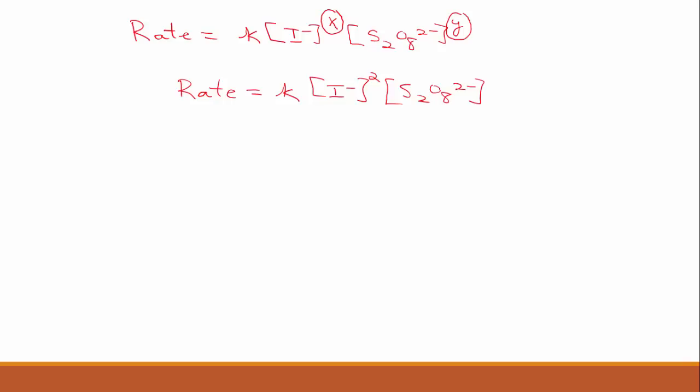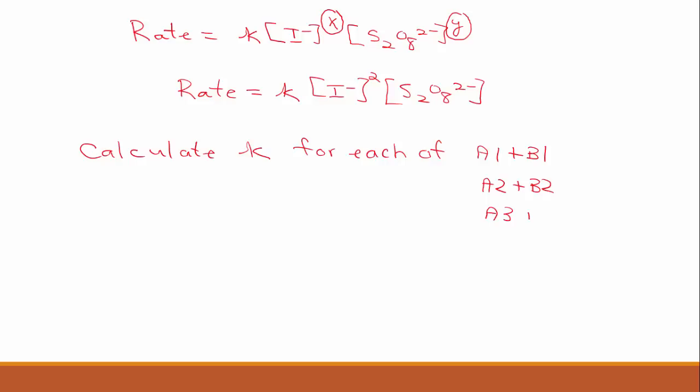Once you have the exponents, you know the concentrations, and you know one of the rates, then you can solve for k. You want to be able to calculate k for each of A1 plus B1, A2 plus B2, and also for A3 plus B3.